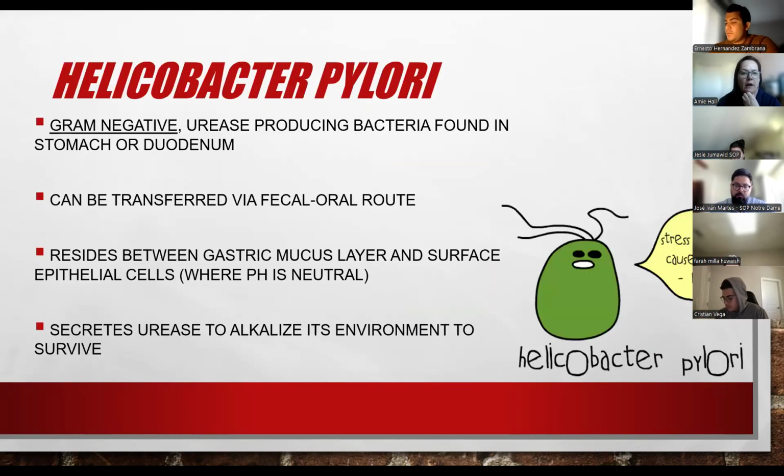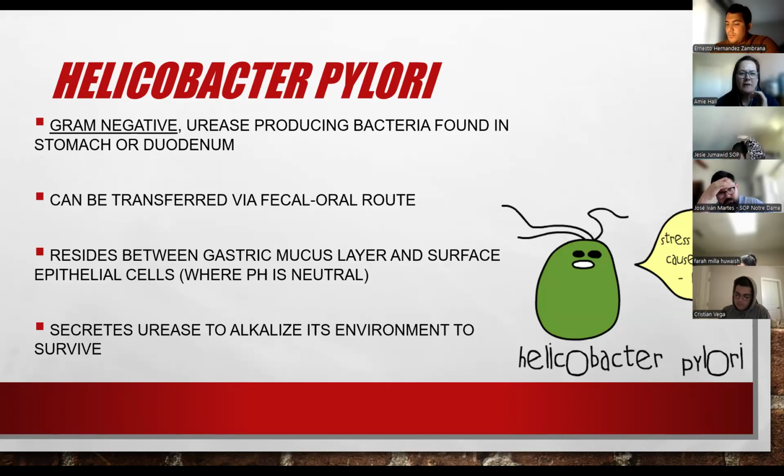Right. So let's talk about H. pylori, which is Helicobacter pylori. This is a gram-negative bacteria. It produces urease, and the bacteria is typically found in the stomach or the duodenum. It can be transferred via the fecal-oral route, so similar to many of the hepatitis viruses that you learned about.